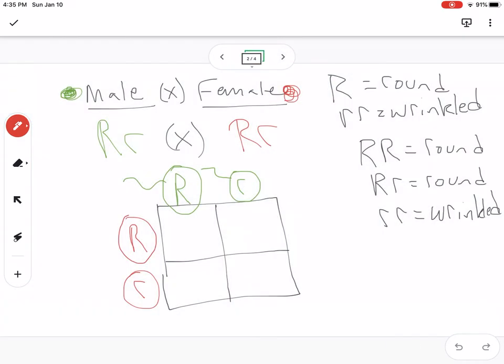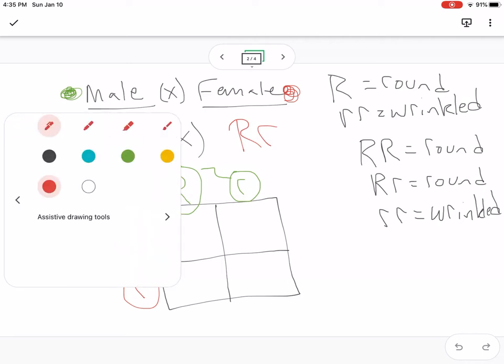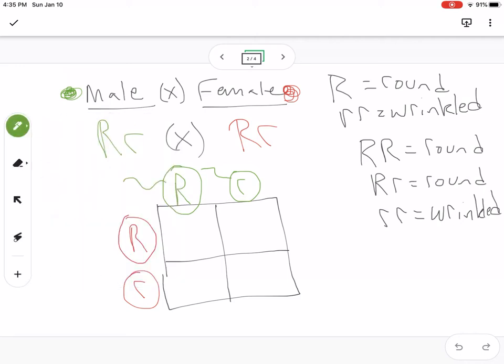So what we do here shows us the combinations if these two were going to sexually reproduce. We bring down this big R into this square, and we also bring it straight down into this square too. We're going to bring our little r's down as well, here and here.